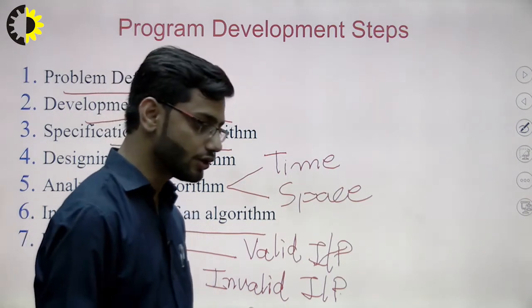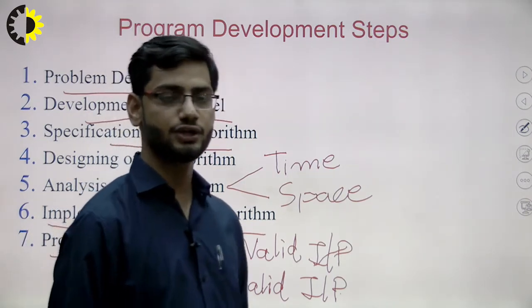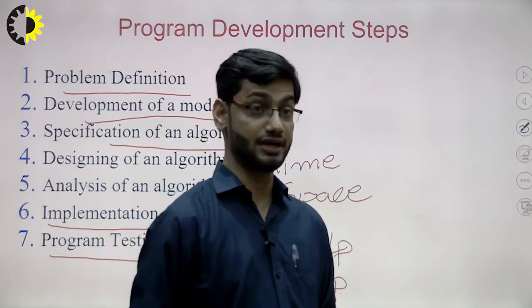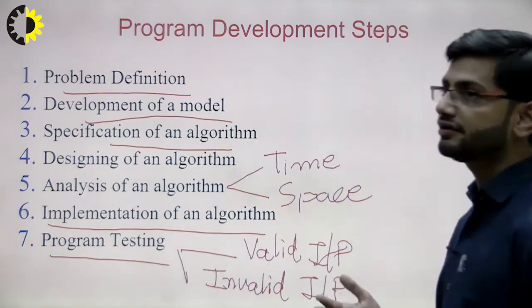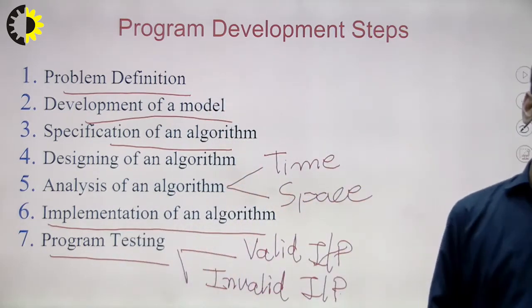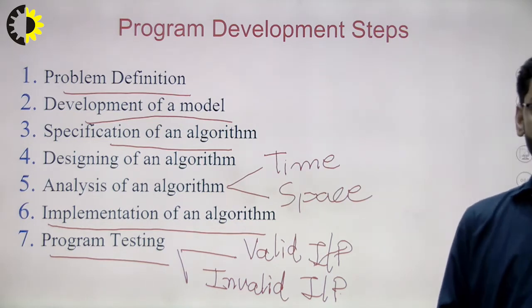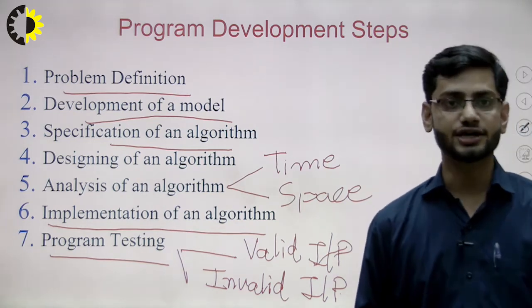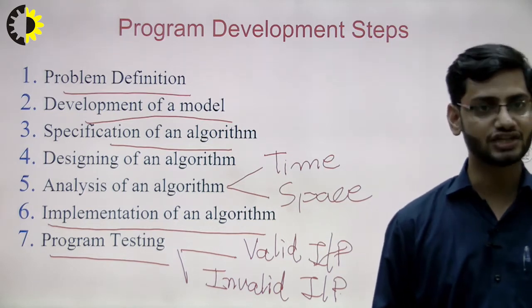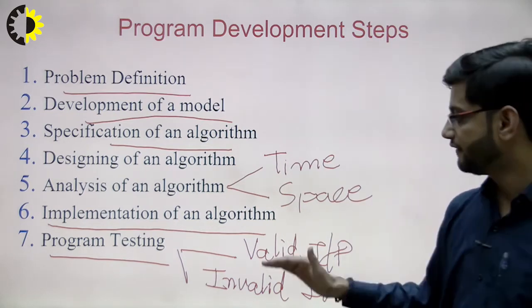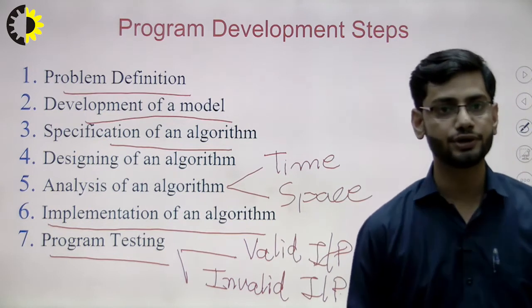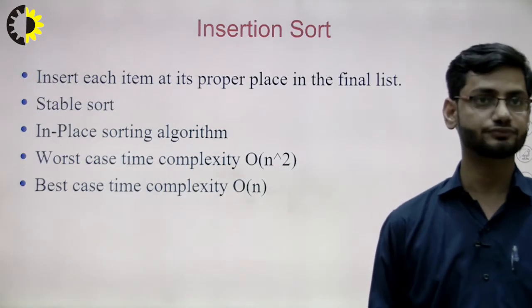You will not always give a prime number and get yes, this is a prime number, but you will also give a non-prime number and check whether for that non-prime number our algorithm is giving the correct output or not. So you will check your algorithm for valid and invalid input, both cases.